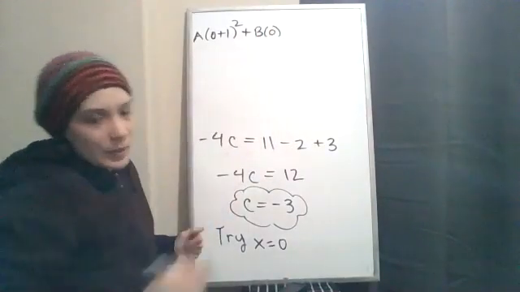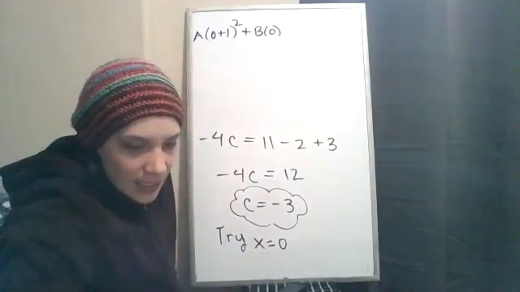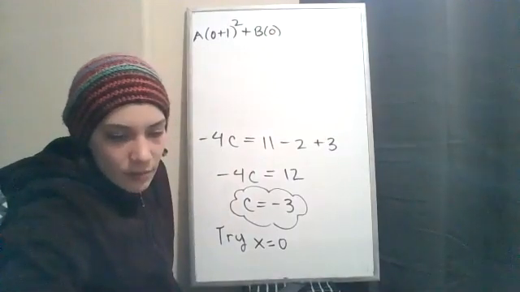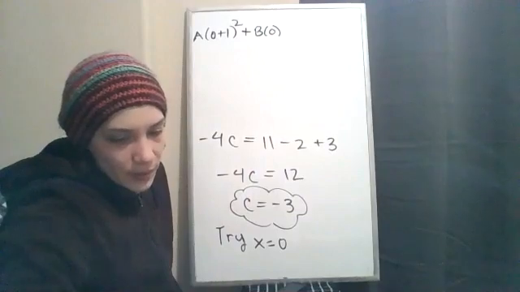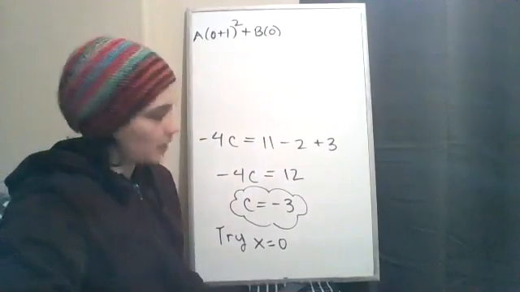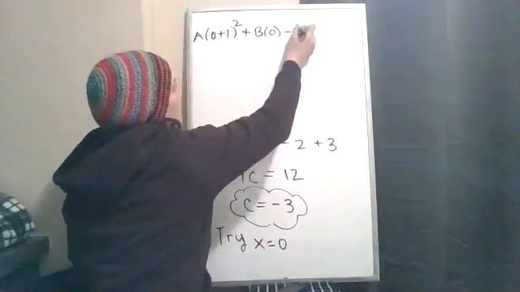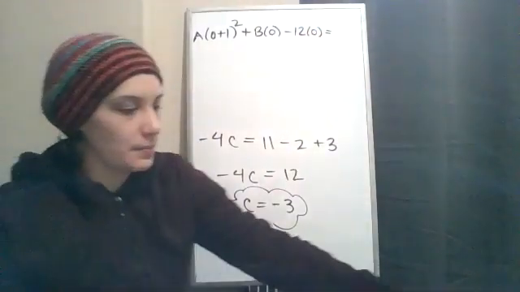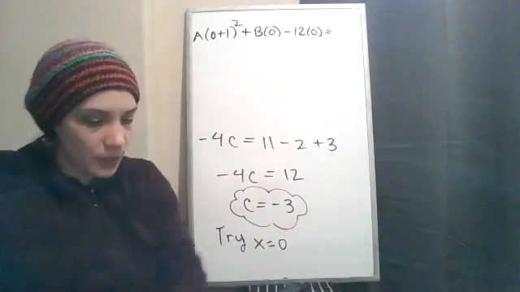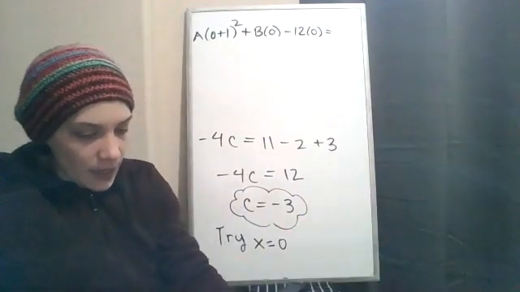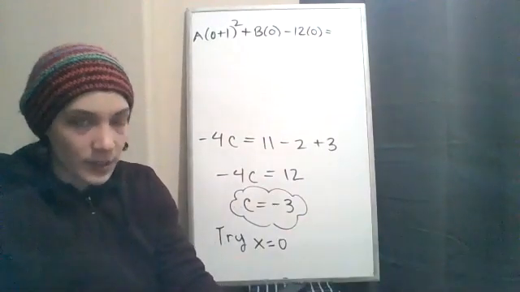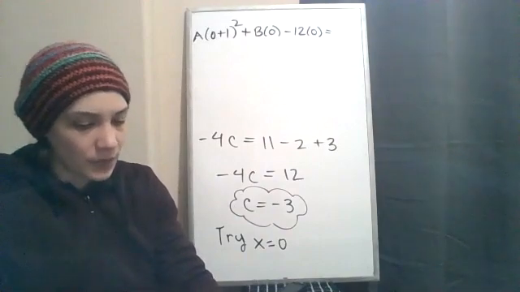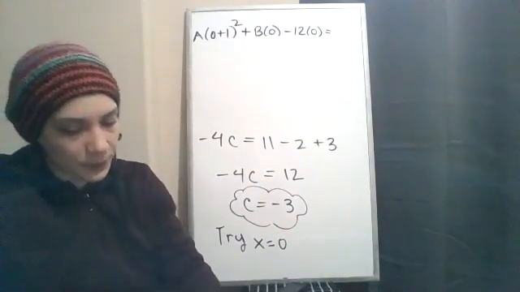You don't really have to worry about the rest. And then minus 12 times 0 equal to, let me just make sure I'm not skipping too much. A times 0 plus 1 squared, sweet. B times 4 times 0, it's going to be 0.